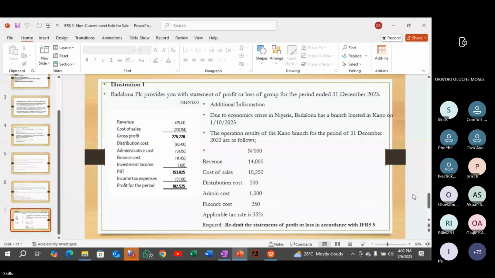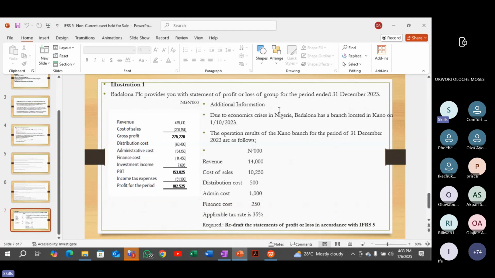So we have, I think that's the last slide. Illustration 1: Badalona PLC provides you with the statement of P&L of the group for the period ended 31 December 2023. We have the first information: revenue, cost of sales, gross profit, distribution cost, administrative cost, finance cost, investment income, PBT, income tax expense, profit for the period.